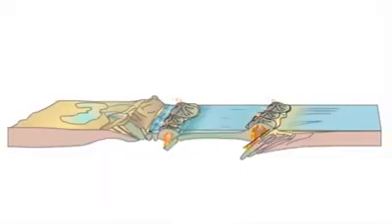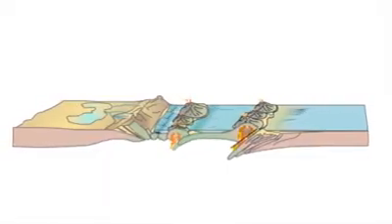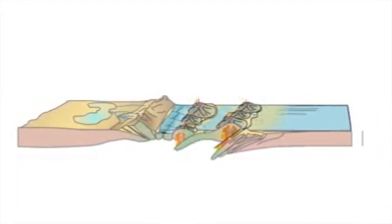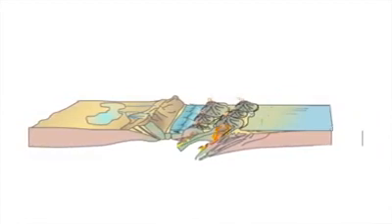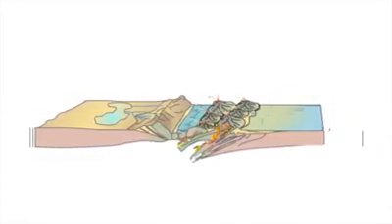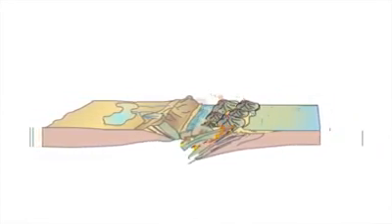So if we know the plate motions, we would expect certain types of structures to form depending on how the plates move. If plates converge, you would expect to find what's called reverse faults, thrusts, large-scale folds, and mountain chains, orogenic belts.